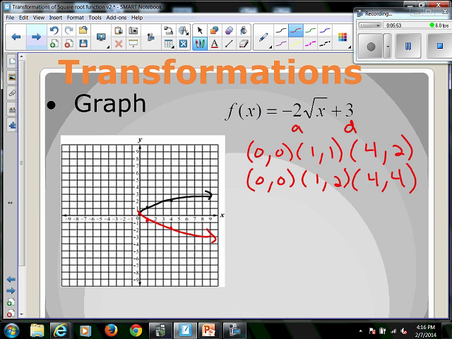I'm going to plot those three ordered pairs. And the last thing I'm going to do is have a vertical shift up 3 units, so I'm going to move all three ordered pairs up 3 units. And I have my new graph.